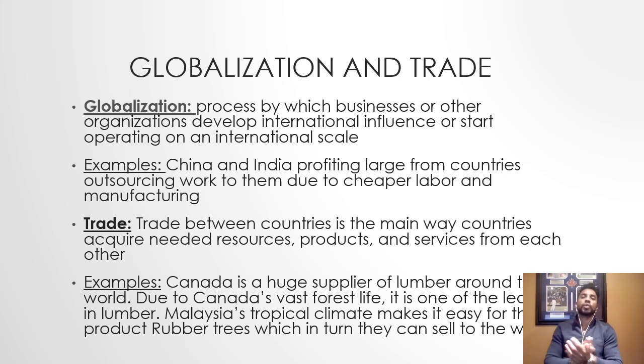So when you have exports of lumber, and then you have exports of rubber, Malaysia and Canada can just talk to each other and say, hey, listen, why don't we just work together? I'll send you rubber, I'll send you lumber. There you go. So that's kind of how trade works, okay? So trade is basically when you're getting something from a country that your country does not produce.